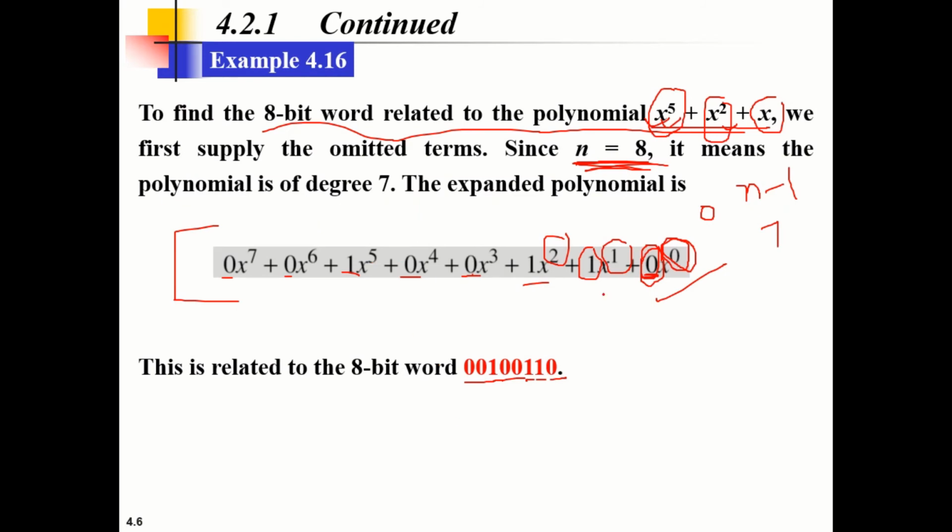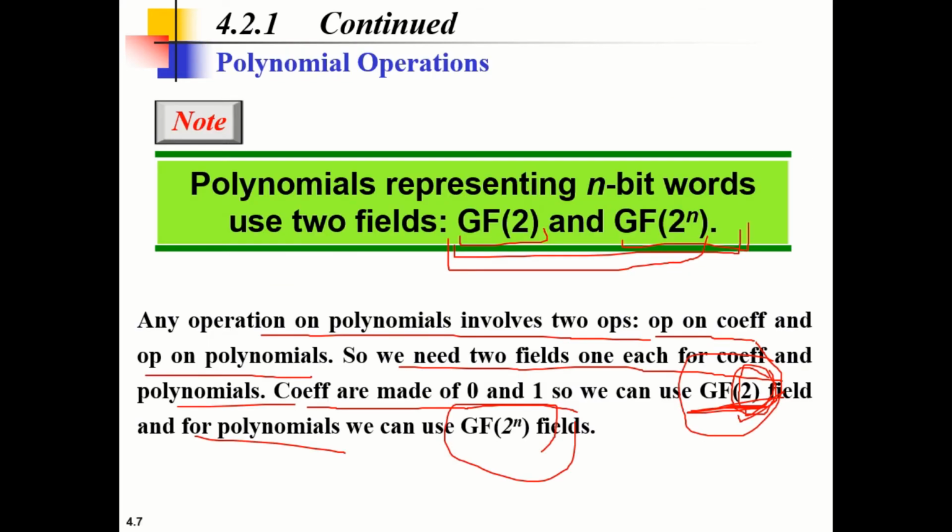So यहाँ पे we are having powers of x, right? और जो coefficients की values हैं वो हैं zeros and ones only. Okay, so coefficients के लिए we can use this GF2 field, and for polynomials we'll be using GF2 raised to n fields.